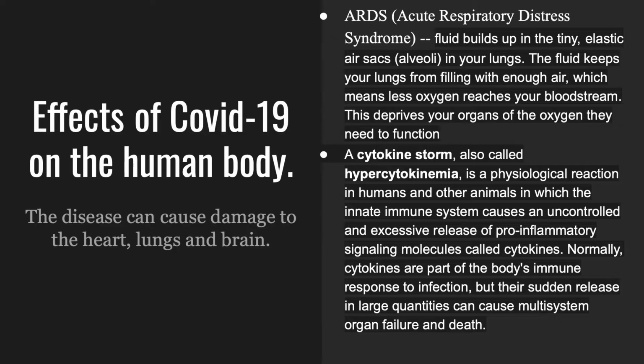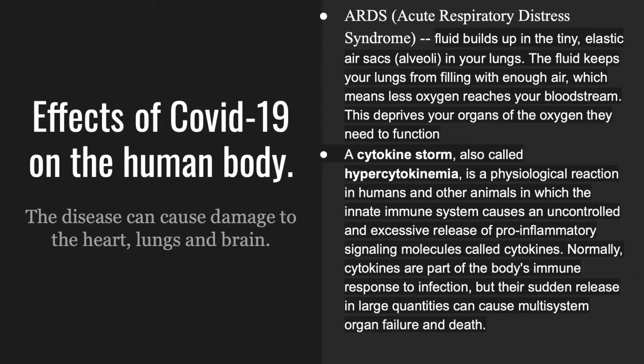Okay, so a cytokine is a molecule, and your body sends them out to try to fight disease, to try to deal with inflammation when your body is out of whack. Now, normally, cytokines are part of the body's immune response to infection, so it's a good thing. However, what COVID-19 has done, unfortunately, is caused your body to send way too many of them, and your body and your immune system go into hyperdrive.